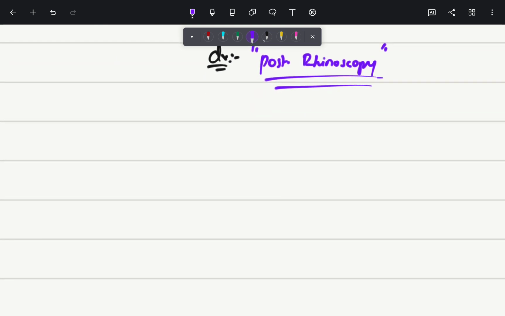So usually we have an equipment with a mirror. So this is a mirror, and to this mirror there is an angulated stalk. Let me draw this. There is an angulated stalk.